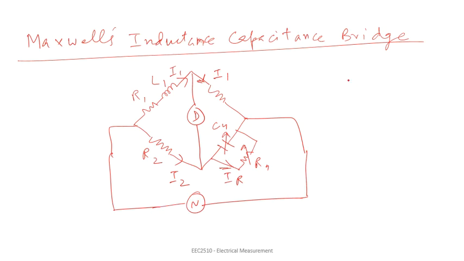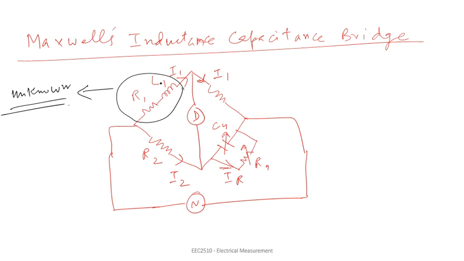Since this bridge involves an additional capacitor in the circuit, it is called Maxwell's inductance capacitance bridge. It determines the value of inductance by comparing it with a capacitance. Again, this part is the unknown part, that means R1 and L1 have to be determined.